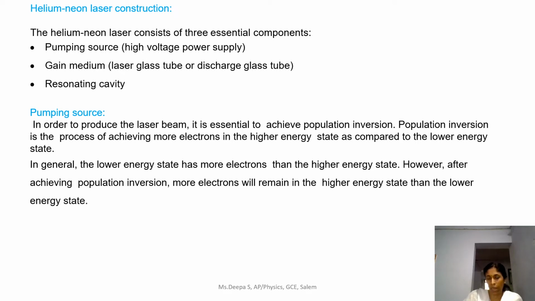Next is the active medium. Here the laser action takes place, and from this we get the laser source. The third is the resonant cavity. The glass medium plus two reflecting mirrors is known as the resonant cavity.